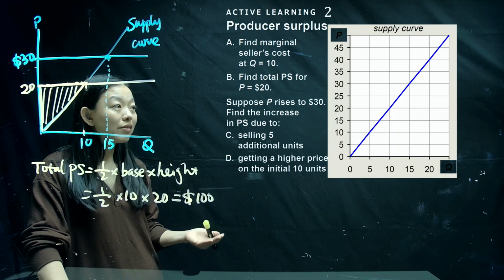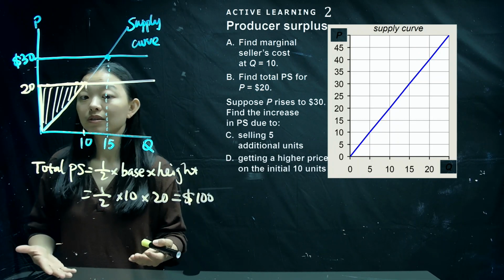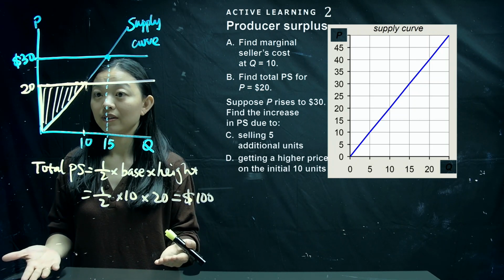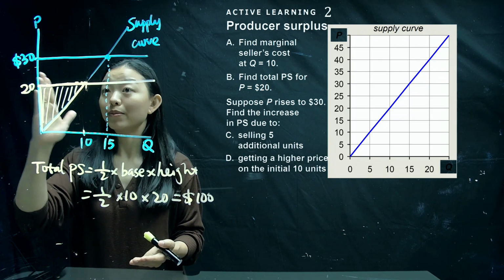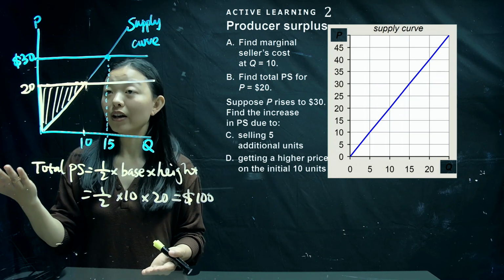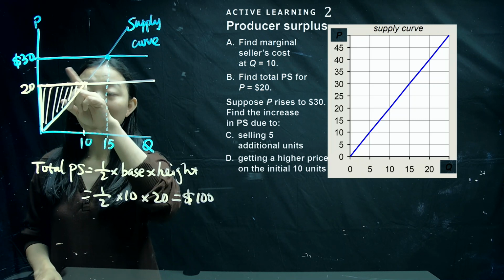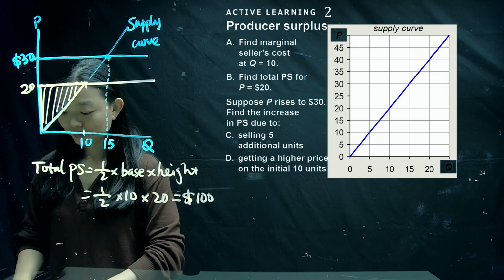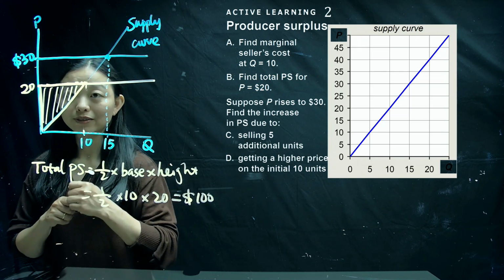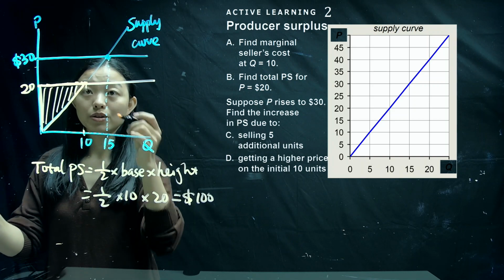Part of it is because the current sellers in the market now enjoy a higher market price, which means their profit will increase. Therefore, we can divide the increase of producer surplus into two parts.